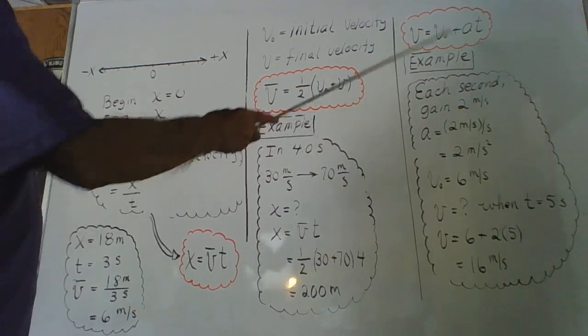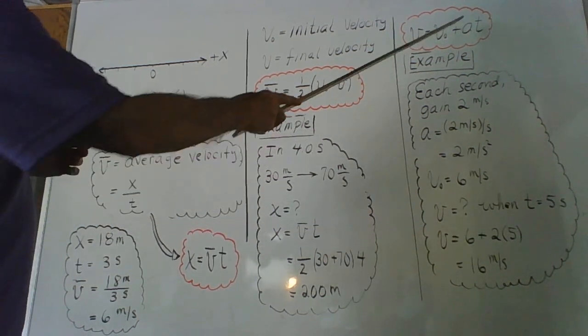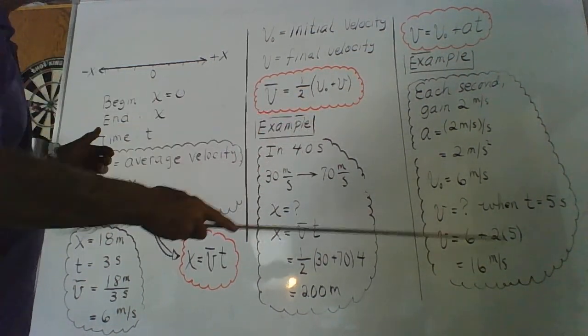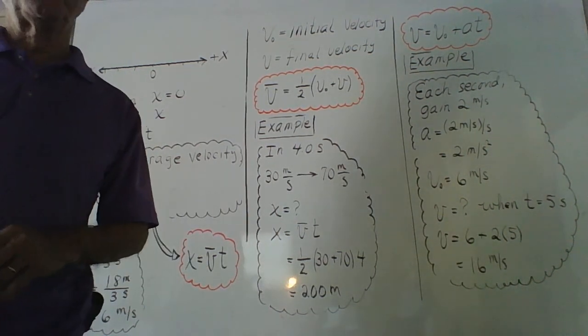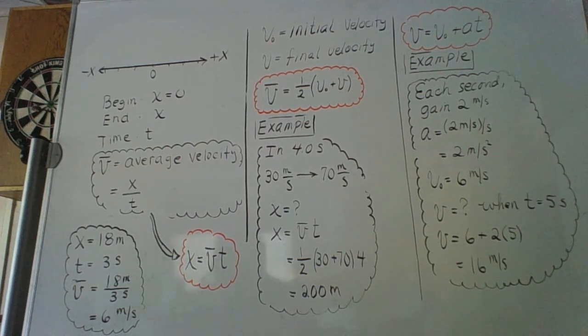Substituting 6 for v naught, 2 for a, and 5 for t, final result is 6 plus 10, or 16 meters per second. I'll have more to say about linear horizontal motion in video lecture number 2.